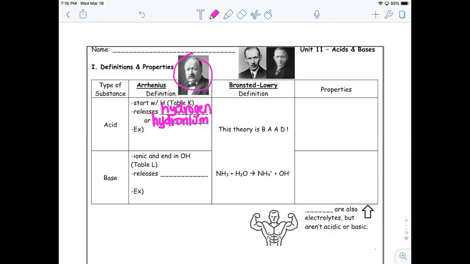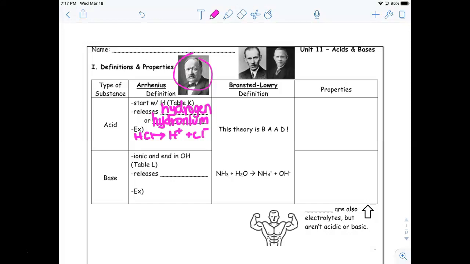So that just means that when you take something like HCl, which is an acid, and you drop it in water, even though it's not ionic, it's going to break up into pieces like an ionic compound would, and one of the ions is going to be the hydrogen ion. And when that hydrogen ion is present, that's what makes the substance an acid.